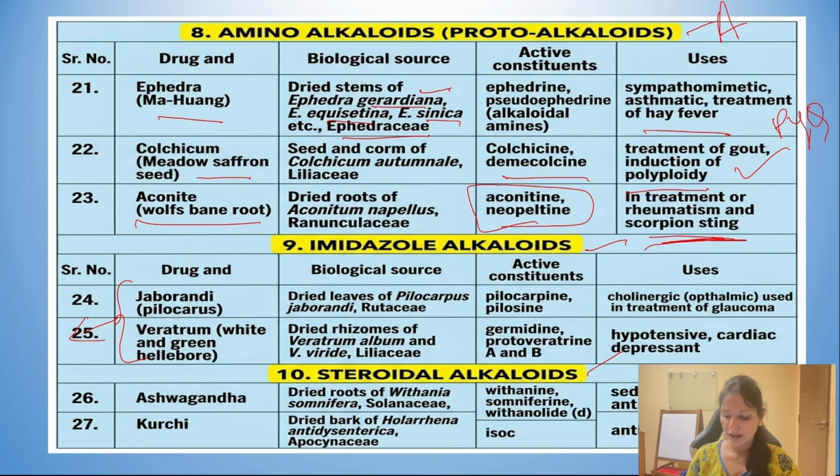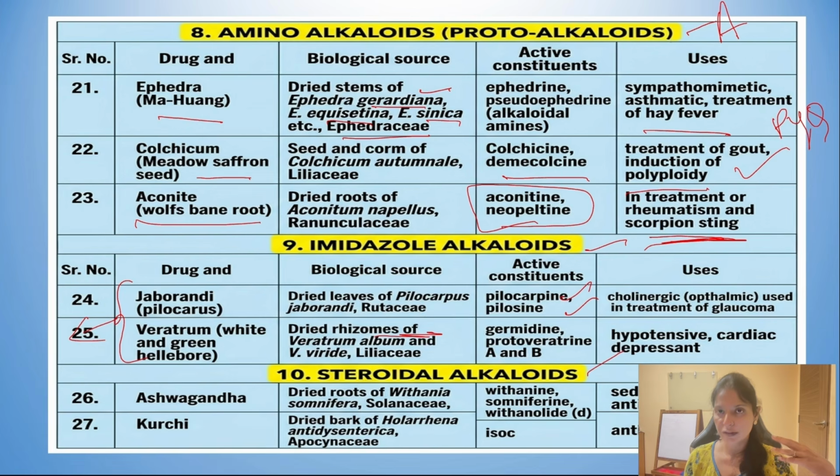Coming to the active constituents here, that is pilocarpine and pilosine. Okay, this can be easily remembered from the name. And uses here are ophthalmic, like the atropine alkaloids, that is tropane alkaloids, cholinergic, and used in the treatment of glaucoma. Veratrum, white and green hellebore: here, dried rhizomes of Veratrum album and Veratrum viride, belonging to the family Liliaceae.